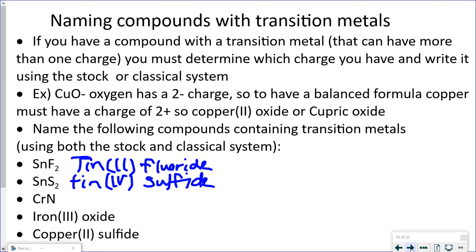Look at the next one. We have CrN. Cr is chromium. It is a transition metal, so we need Roman numerals. We just don't know which Roman numerals at this point in time. Sorry, there's a delay between my iPad and the smartboard. N is nitrogen, so in a compound that is nitride.